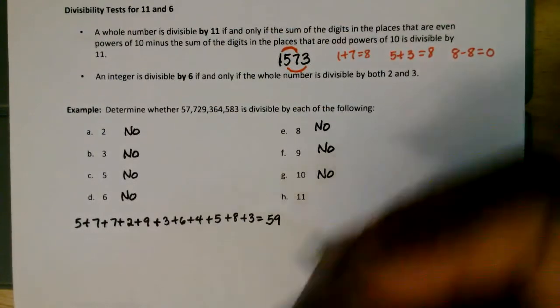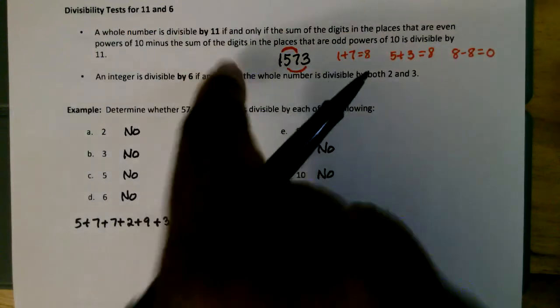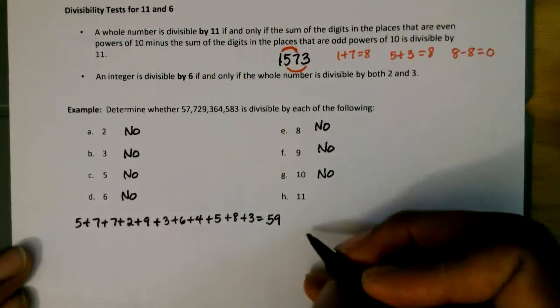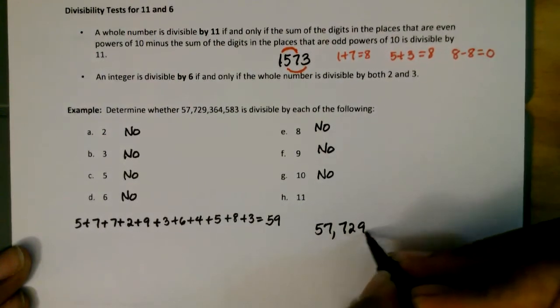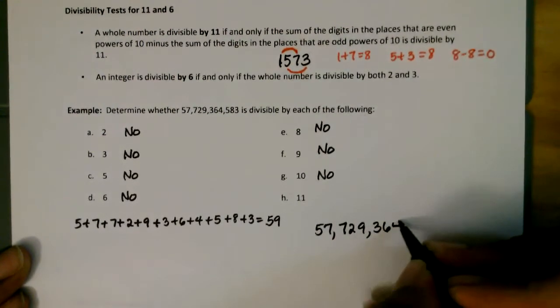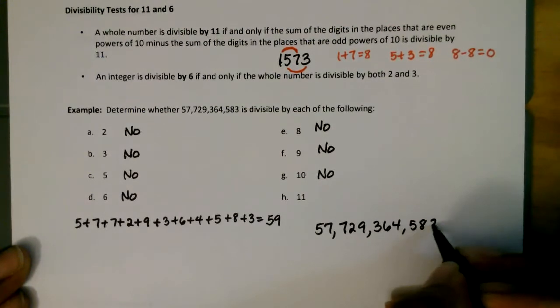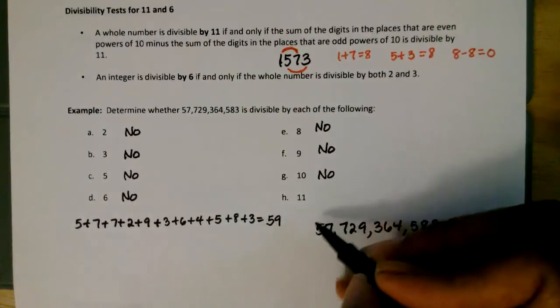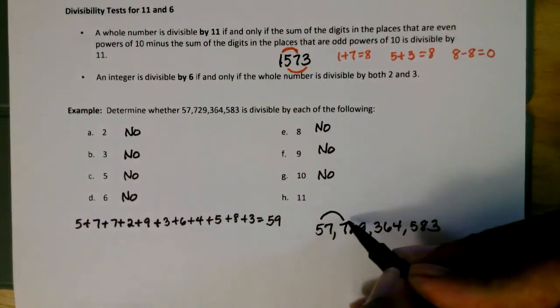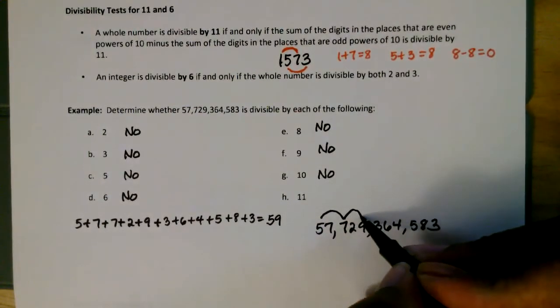And what about by 11? Here I'm going to use this rule up here. And I'm going to go ahead and write out that number, 57,729,364,583. And here I'm going to add every other digit in this number.